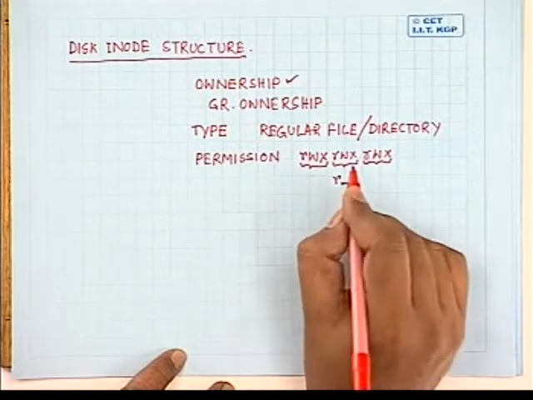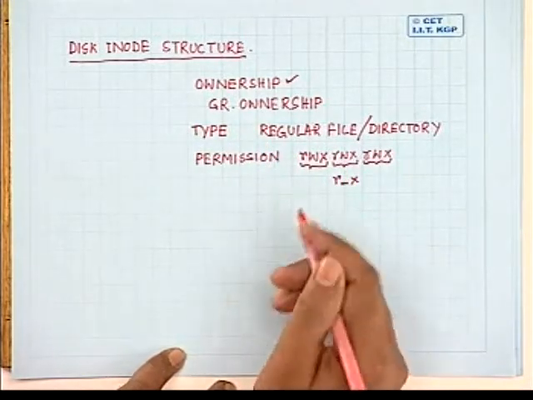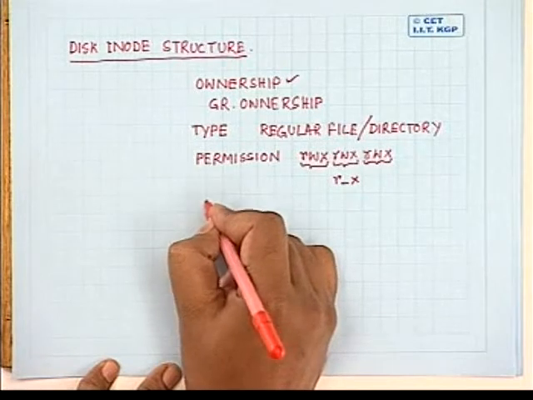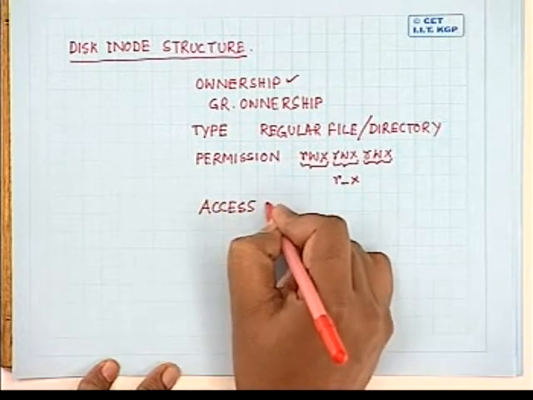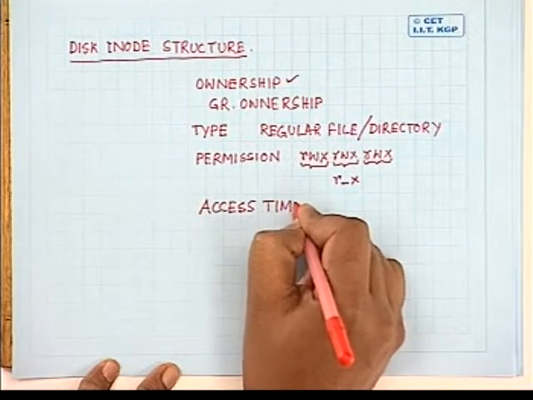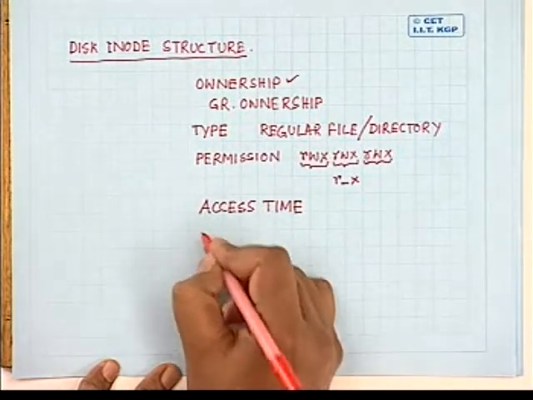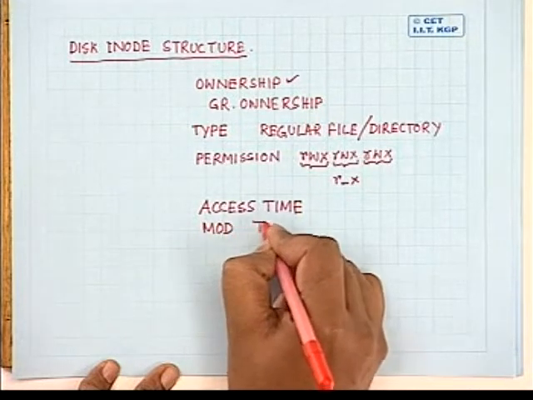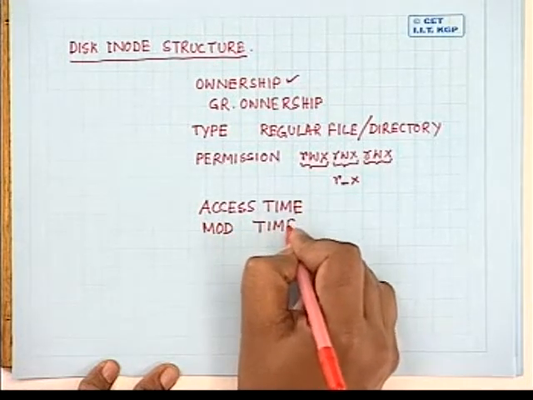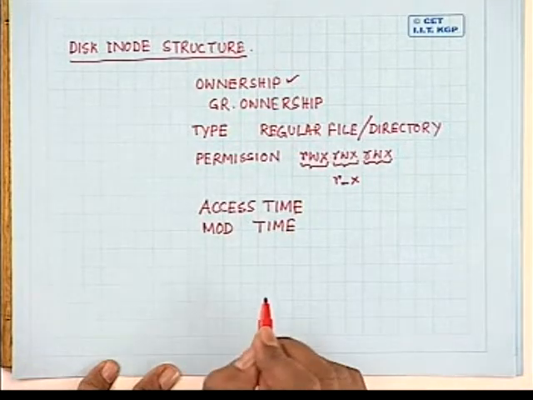Okay. Then among other fields, you have the field corresponding to access time, that is, when the file was last accessed. We also have the modification time, that is, when the file was last modified.